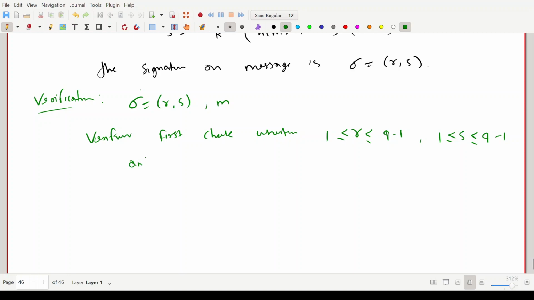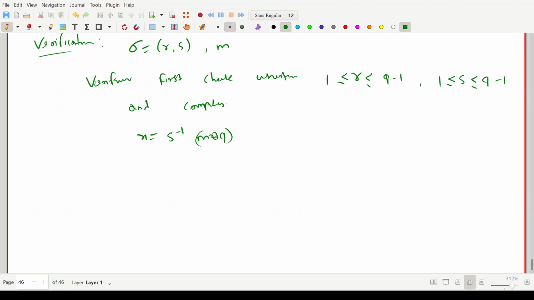Then he computes x equal to s inverse modulo q, y equal to hm times x modulo q, and z equal to rx modulo q.